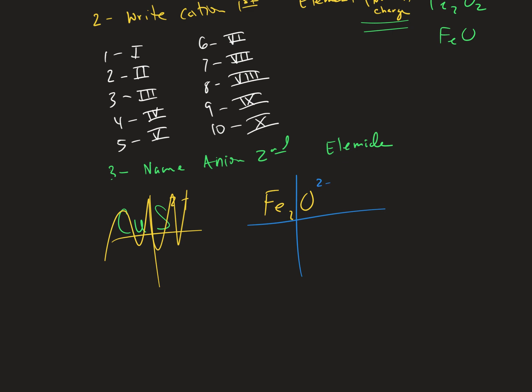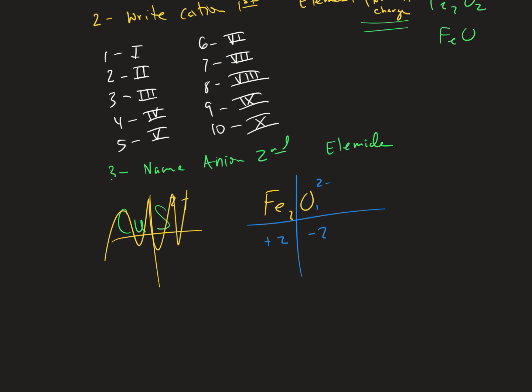And how many are there? 1. Y'all see there's just 1, because there's no number right there, right? So negative 2 times 1 is negative 2. And since all ionic compounds must be neutral, the cations have to add up to positive 2. You with me?